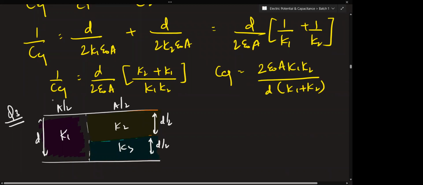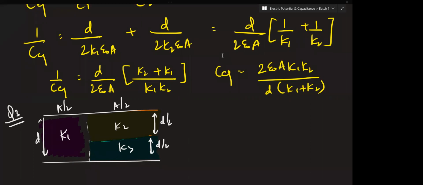And this completes your chapter, electric potential and capacitance. In the next class, inshallah, we'll start with current electricity. Just note down and text me done, so I know you have written it down.